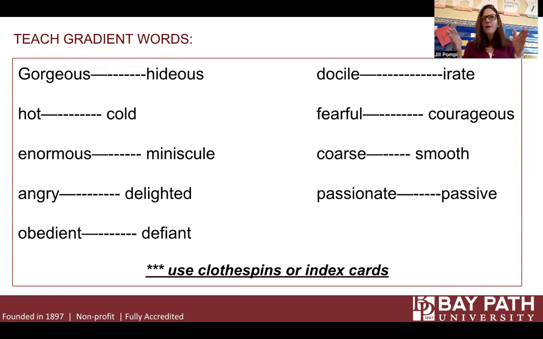And when I think of hot and cold, I think there are some words that could describe maybe the weather somewhere between being hot and cold. And I can do the same thing with words such as angry and delighted, or happy and sad. And so what I want to do is I want my students to understand that there are other words in their vocabulary that they can use.